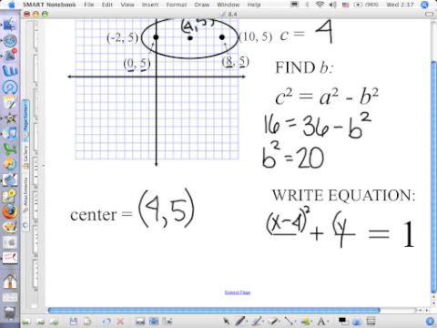It's just the center: x minus the x coordinate of the center, y minus the y coordinate of the center. Over a squared here and b squared here, and there is your ellipse.